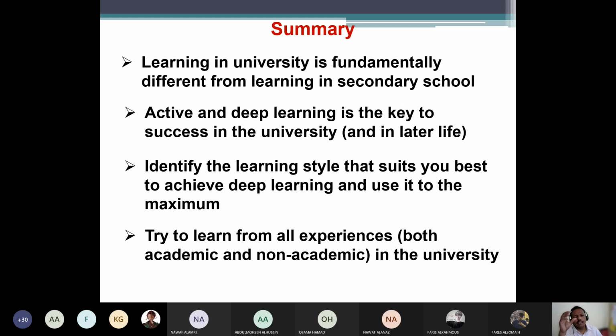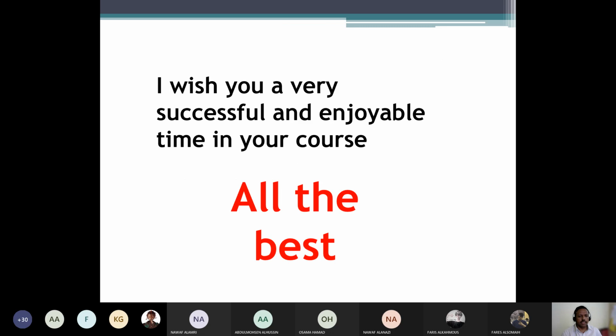If you find out your learning style, then you apply the same techniques to improve it and learn from your experiences. Use your academic and non-academic activities. All the best to you for the learning.